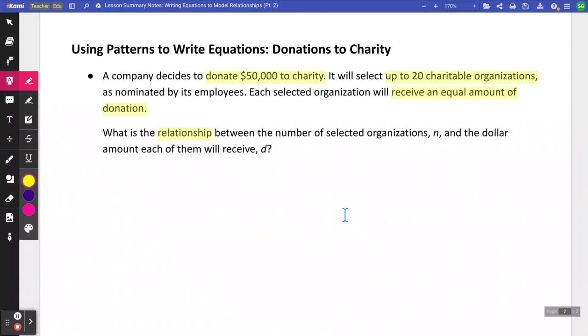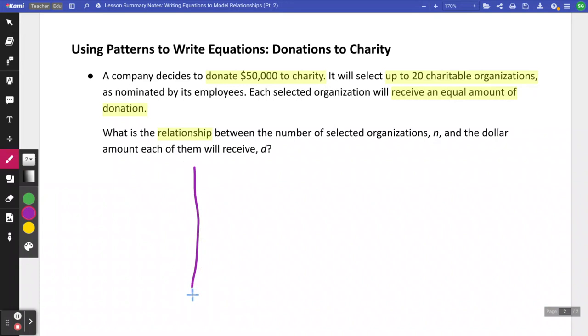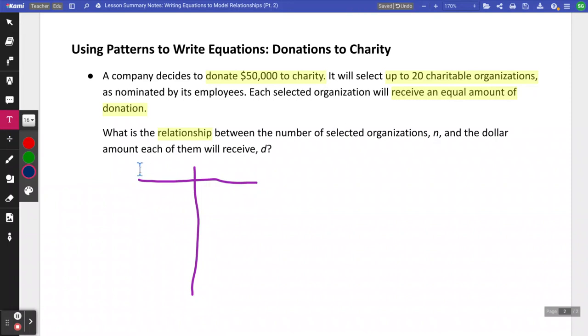And by noticing the pattern, that helps you come up with the equation. So notice this question didn't ask me to create a table, but if you're stuck or unsure and you want to check that you've got that mathematical relationship correct, creating a table is going to be super, super helpful. So before I try creating any sort of equation for this, I'm going to go ahead and create a table for myself.